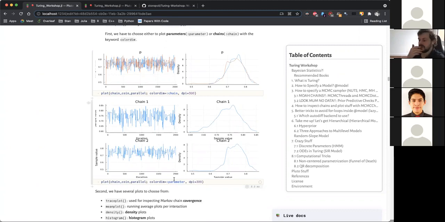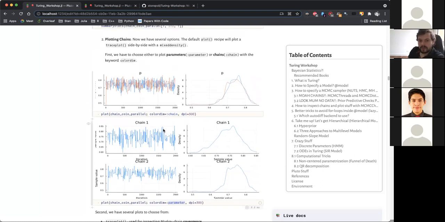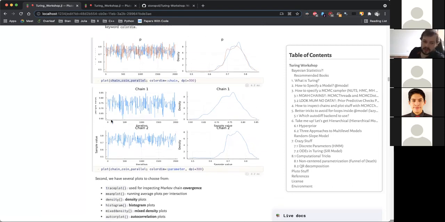But I suggest you subset your parameters, because some parameters are on a 0 to 1 scale, others are on another scale. So be aware of this. This is the plot default, the default recipe when you plot a chain object from MCMC.